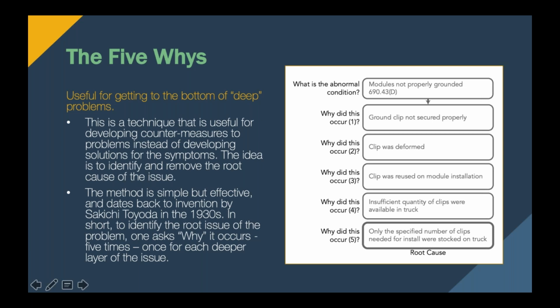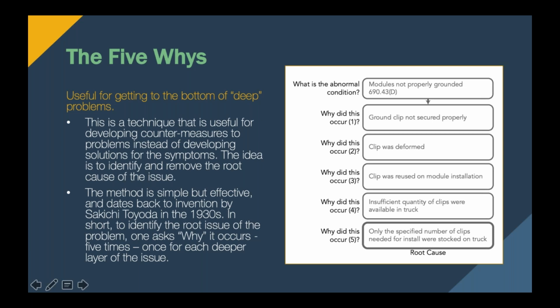So in this example, the module's not properly grounded, 690.43(D) of the NEC. Why did that happen? The ground clip was not properly secure. Oh, by the way, I really dislike weebs because they pop up in the data as being reused all the time. The clip was deformed, and it was because it was reused on the module installation.